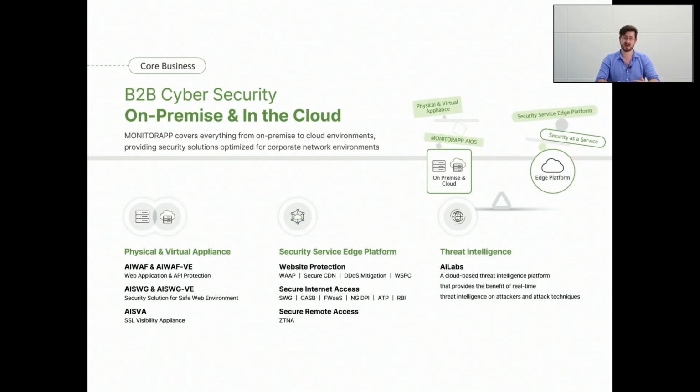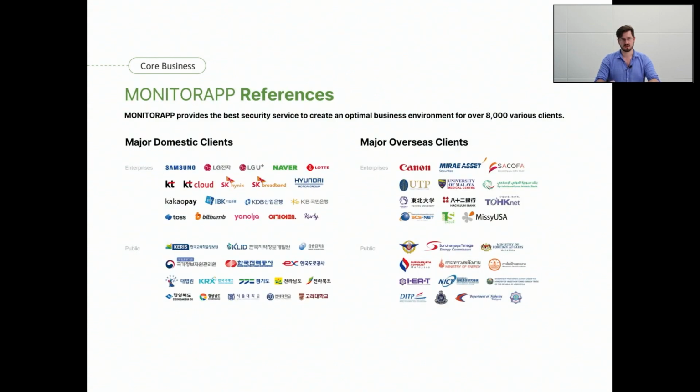In addition to this, we have AI Labs, which is a threat intelligence platform that provides continual real-time threat intelligence on attackers and attack techniques to all of our services. We have thousands of clients, including network service providers, financial institutions, and government departments in both domestic and international markets. And some of our clients are quite large.